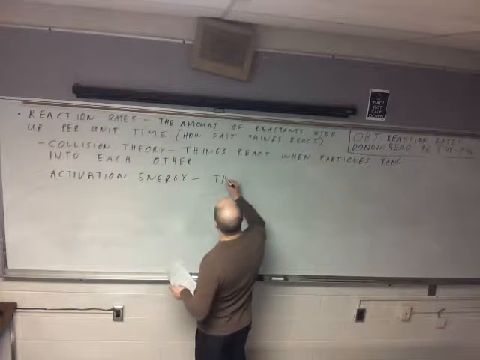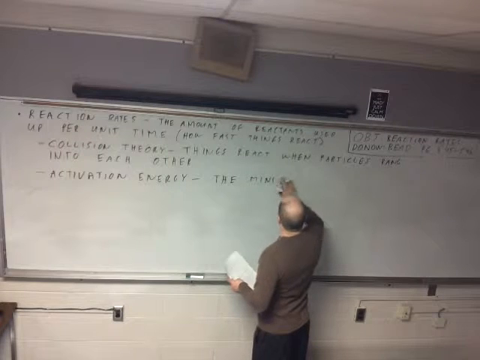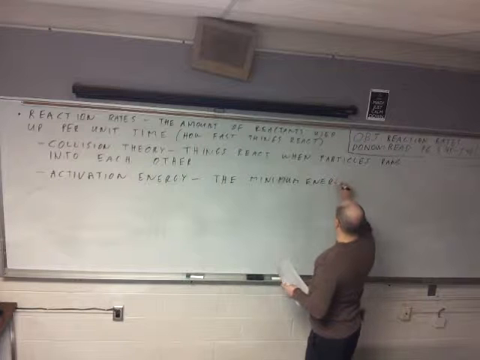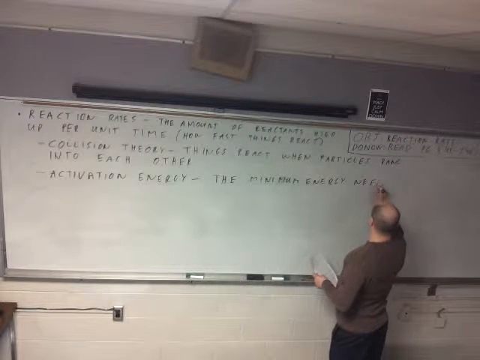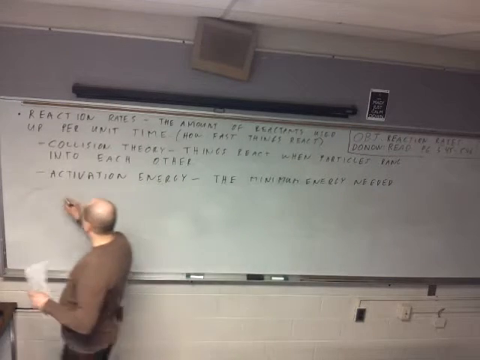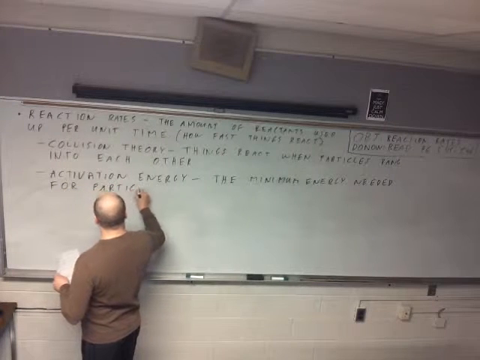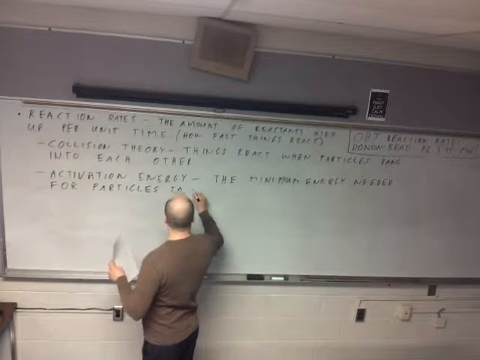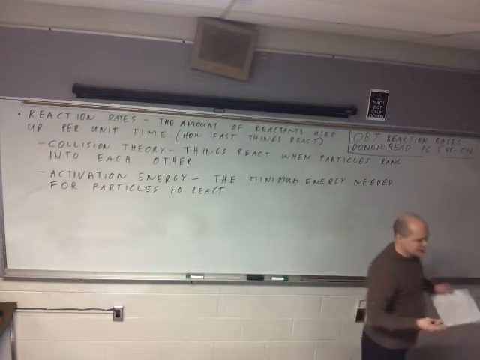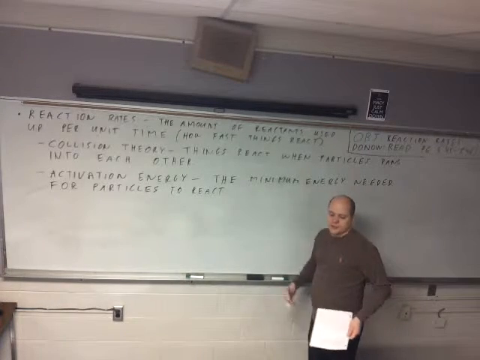It's the minimum energy needed for particles to react. So it's pretty straightforward. If they collide and they have at least that much energy, they're going to react, and the reaction is going to happen. If they don't, they're just going to bounce off each other and nothing's going to happen.